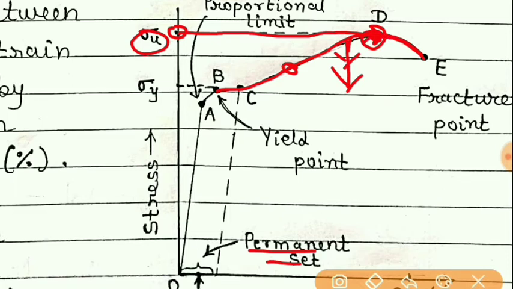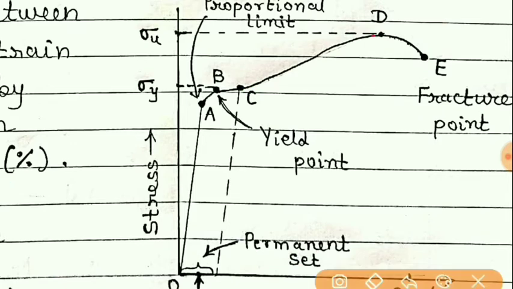Remember students, after ultimate stress, if you decrease the mass stepwise, then also you'll find that the length is going on increasing. So strain is obtained, and then as soon as this point E is obtained, that material, that wire will break. So that point is called the fracture point.